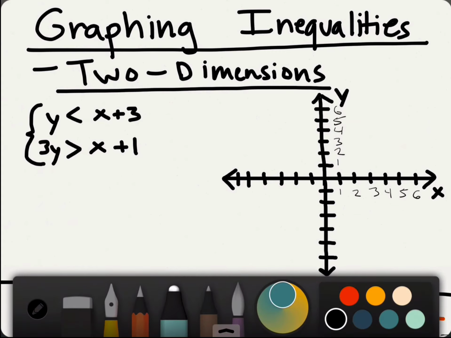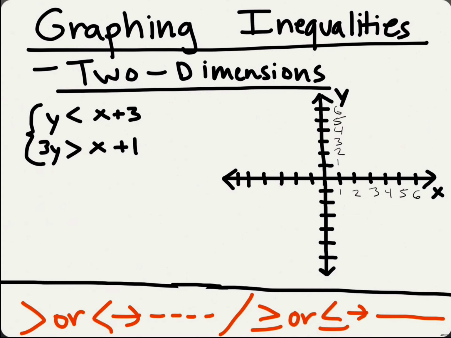All right, now we're going to do two dimensions. In this case, they're giving you two different inequalities: y is less than x plus 3, and 3y is greater than x plus 1. The first inequality is good, but I'm just going to solve for the second one.